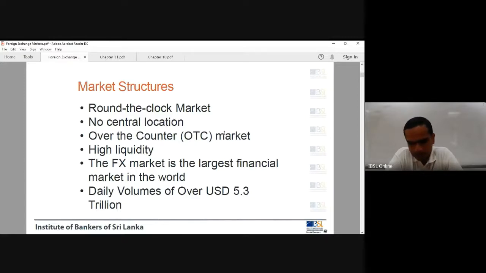Whereas in Sri Lanka, our foreign exchange transactions on a daily basis, on a good day, is about $100 million. So compare the $100 million against $5.3 trillion a day. So the Sri Lankan market is actually not as liquid as some of the international markets.